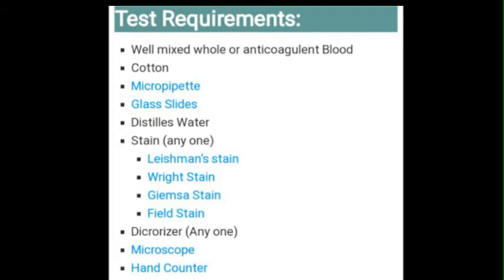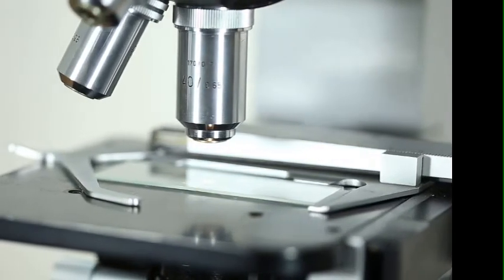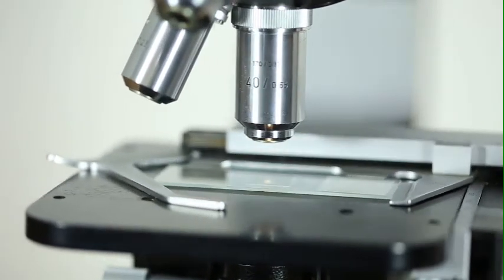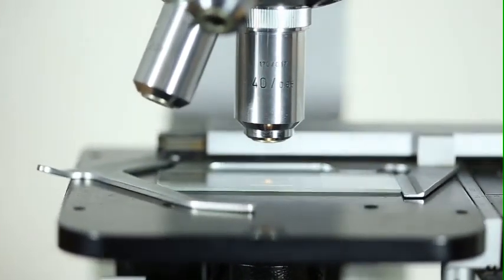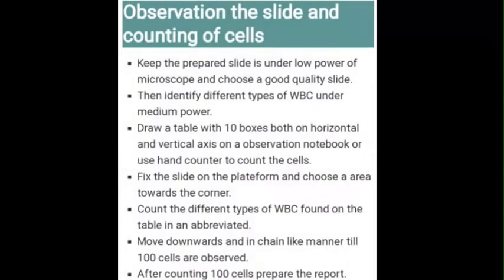So, after staining, observation of the slide and counting of the cells can be done. Place the prepared slide under low power of the microscope and choose a good quality slide. Then identify different types of WBC under medium power.